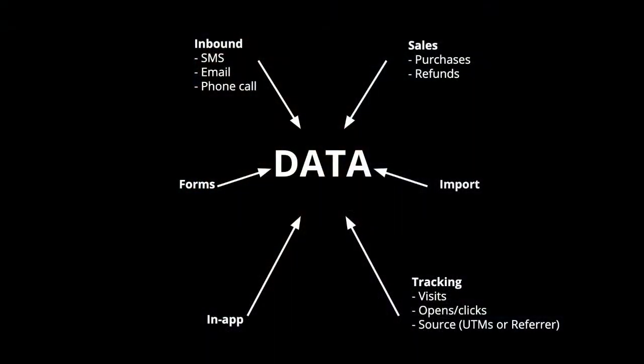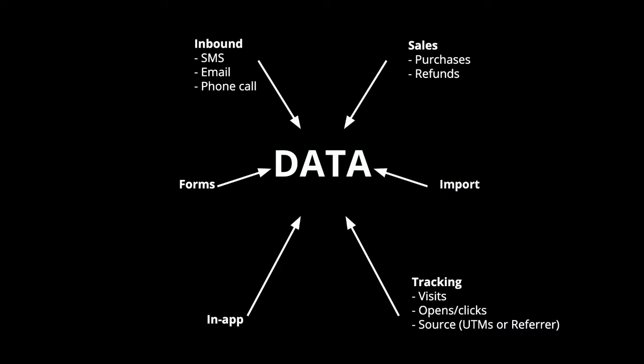Okay, so what do I mean? I mean inbound emails, inbound SMSs, inbound phone calls, the data that we have about what they've purchased before, what they didn't like and refunded, information that you import maybe, information that you get from the customers and prospects themselves from forms, right? They fill out information, they tell you stuff about them. In-app, what are your salespeople typing into the app?